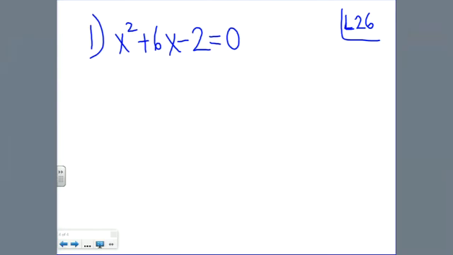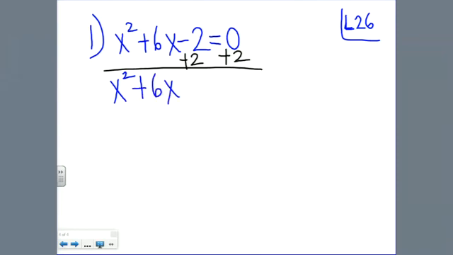Well, the leading number in front of the x squared is a positive 1, so we don't need to do anything extra. We do need to move the negative 2 to the right-hand side, so we'll add 2 to both sides first. So we have x squared plus 6x, and leave yourself a little bit of room behind that 6x, equal to positive 2.